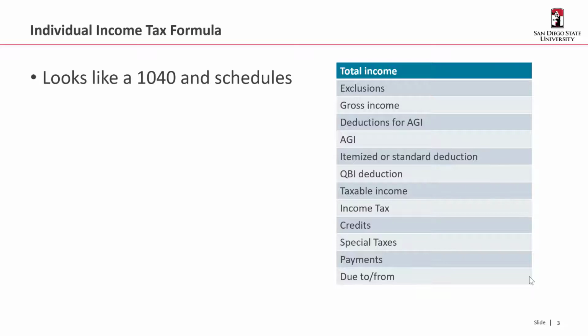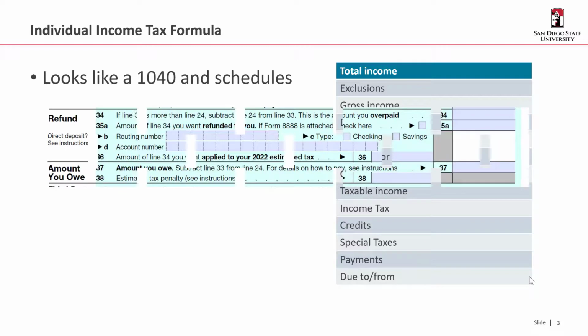So we'll have to spend some time on those. Then we add those to that net amount, so we get this kind of post-credit tax amount. Then we apply our payments. And then the filing process in the United States is really just a truing up, right? So we measure all the payments we've made against the actual tax due, and we either owe money or we're getting a refund back.